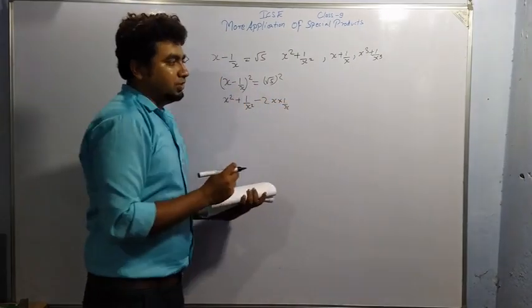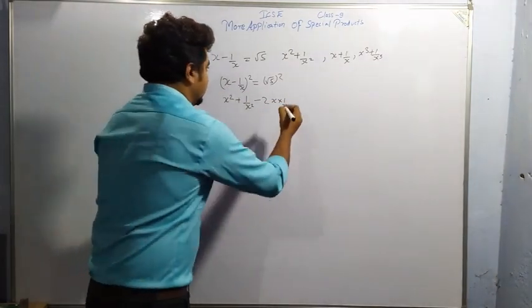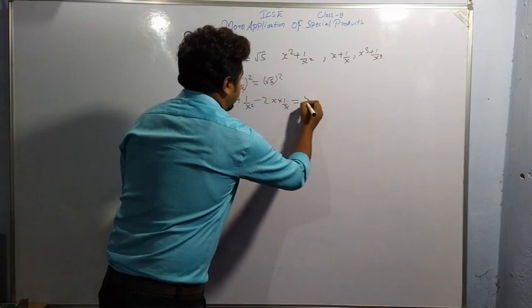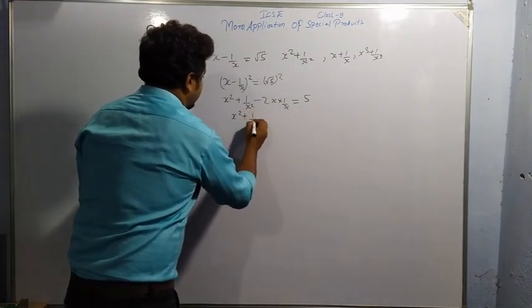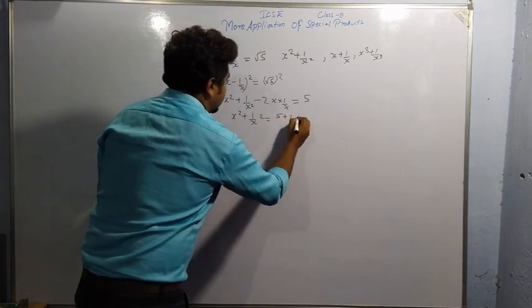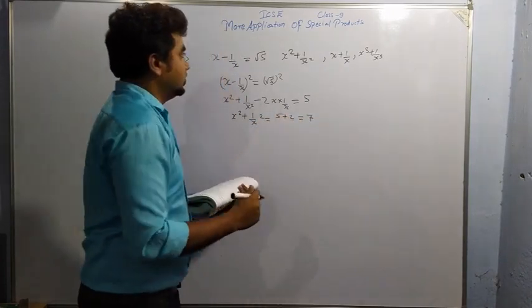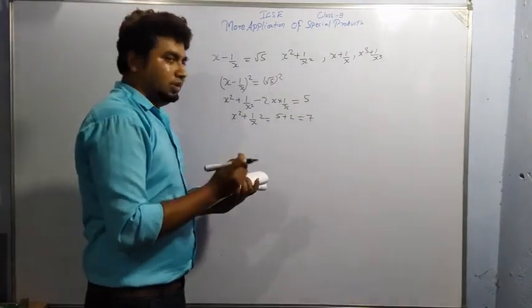Whenever you have two numbers in reciprocal form, x and x will get cancelled. So from here we are getting 5. x square plus 1 by x square is equal to 5 plus 2, which is equal to 7. So this is question 17 part 1.